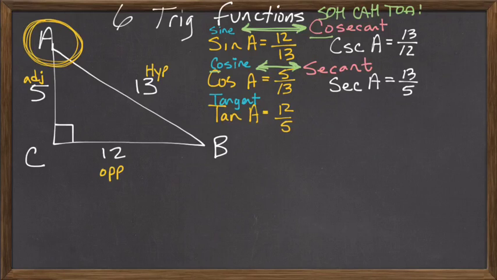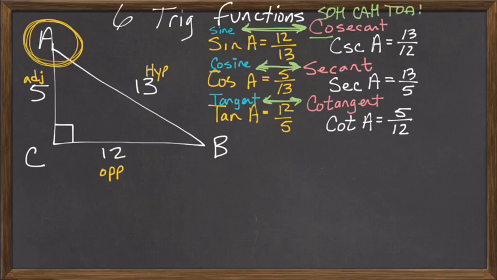They go together. Okay? And then, like sine, remember how we added co to it for its reciprocal? So the reciprocal identity to tangent is cotangent, which we abbreviate as cot, C-O-T. And if tangent of A is 12 over 5, cotangent of A is going to be 5 over 12. Tangent and cotangent go together. All right, so those are the reciprocal identities.